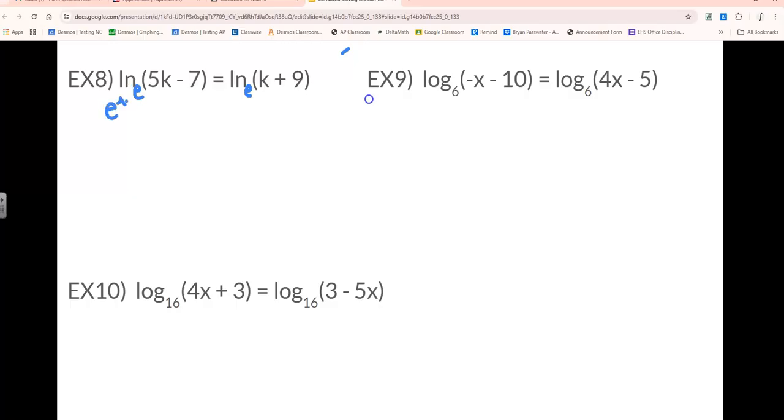So I would do e to the power. But whenever I do that, it just gets rid of the logs on both sides. So this is what Coach Wood would always call dropping the logs, right? We just drop the logs because there's one on each side. So I've got 5k minus 7 equals k plus 9.